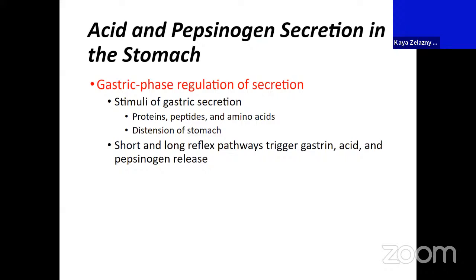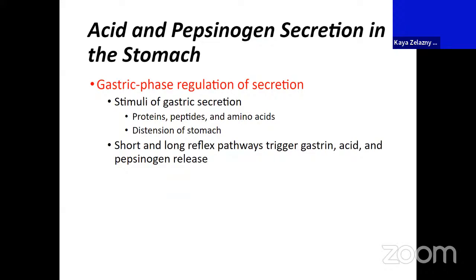So those are some of the stimuli that we'd be thinking of when we think about gastric phase regulation: literally the presence of food in the stomach is creating a reaction. Another thing that you'd sense, other than the chemical contents of the stomach, is how big your belly's getting. Your stomach has all those folds in it, the gastric rugae, the wrinkles, and it's unfolding like an accordion as you fill it.